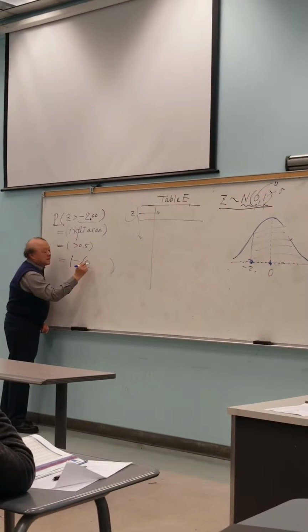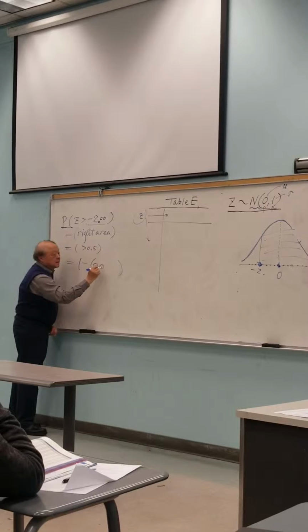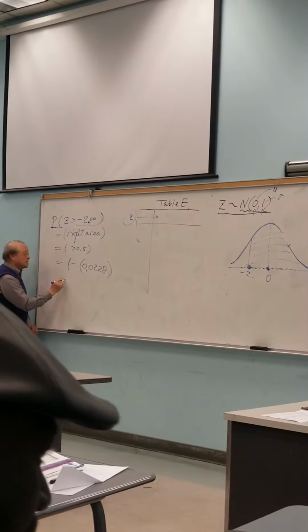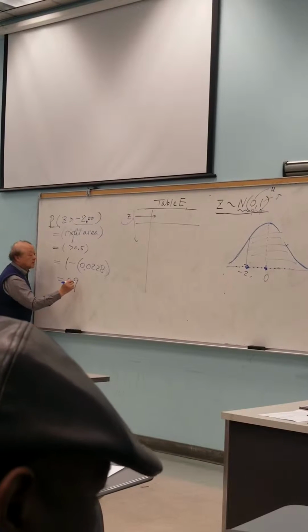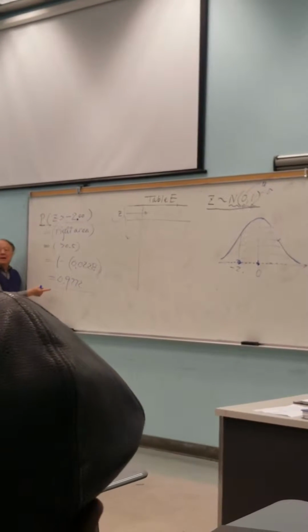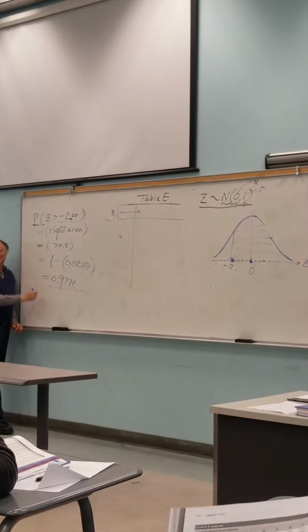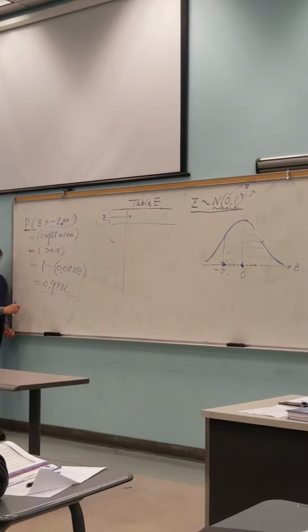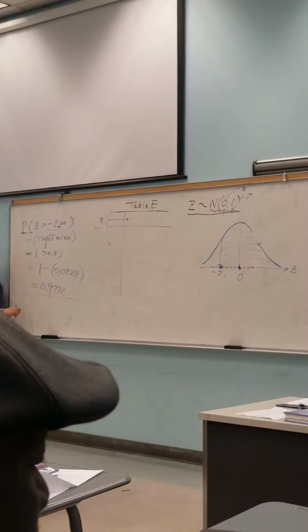0.28. 0.228. Yes? So final answer? 0.9777. Did you get this by yourself? Yes. The other side, negative. Okay, now let's go up.